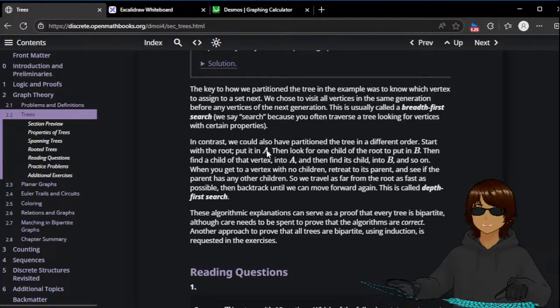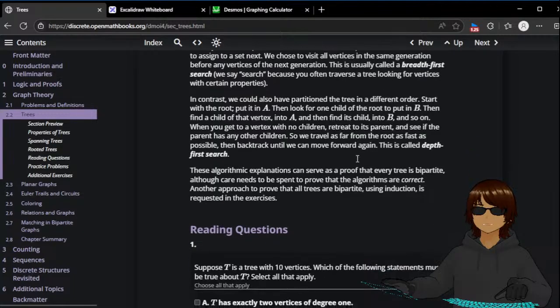Start with the root, put it in A, then look for one child of the root to put in B, then find a child of that vertex into A, then find its child into B, and so on. We travel as far from the root as fast as possible, then backtrack until we can move forward again. This is called depth first search.